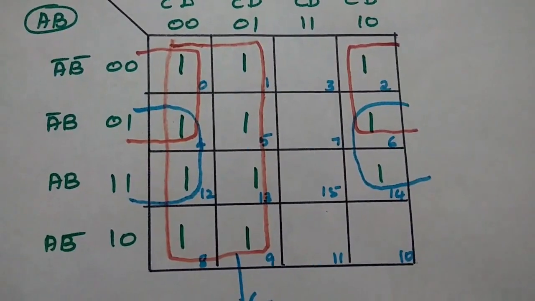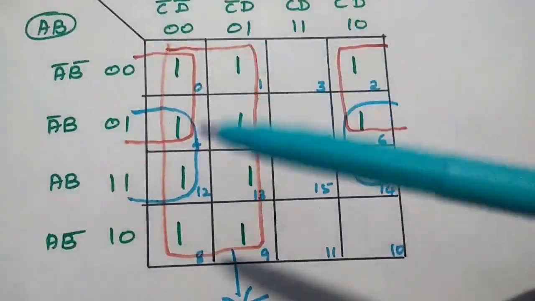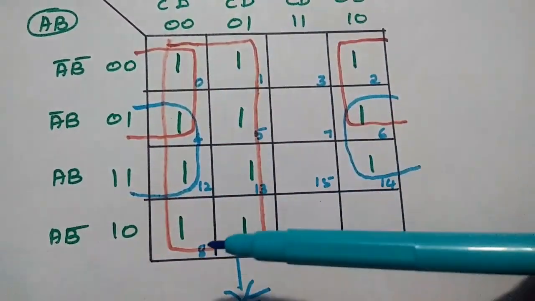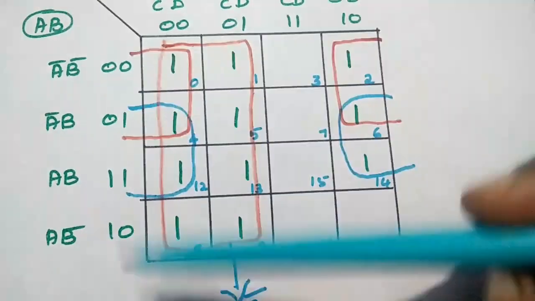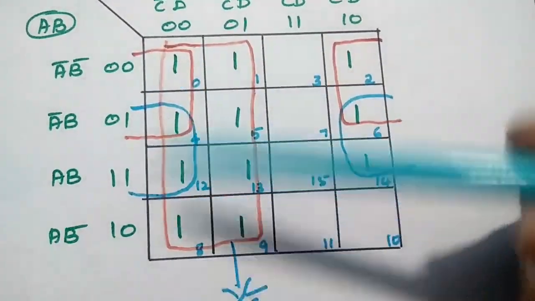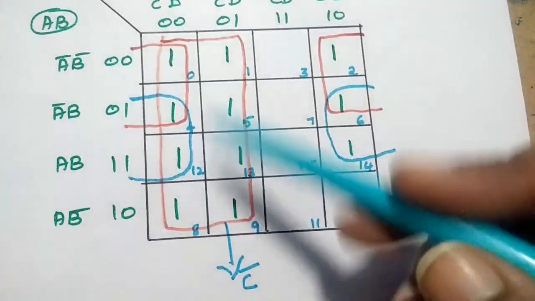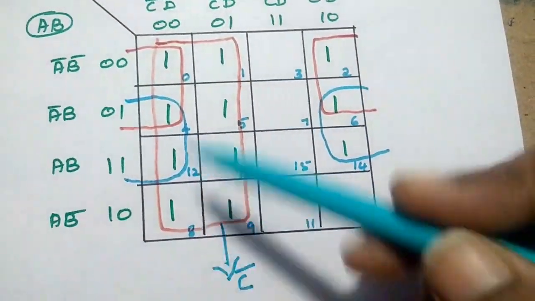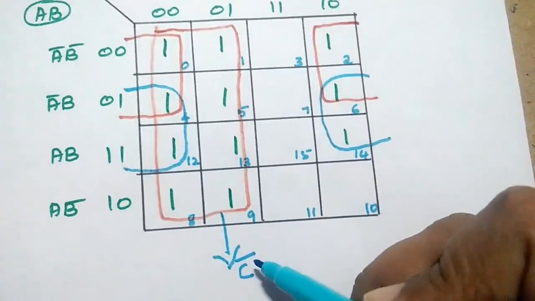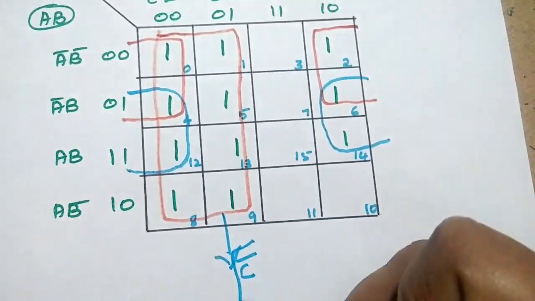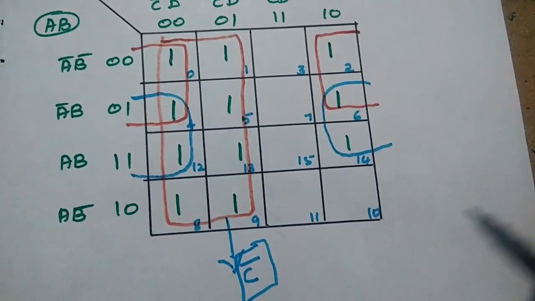Yes, all terms cancel each other. So there are no variables from these four rows. So for this group of 8 ones, its Boolean expression is simply C bar alone. Is that okay?